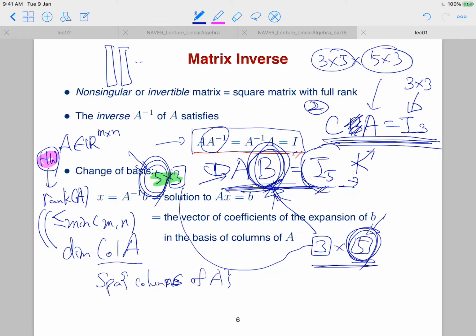So in this case, we have 3 columns in a 5-dimensional space, right? So this is our matrix A. So the dimension of this column space.